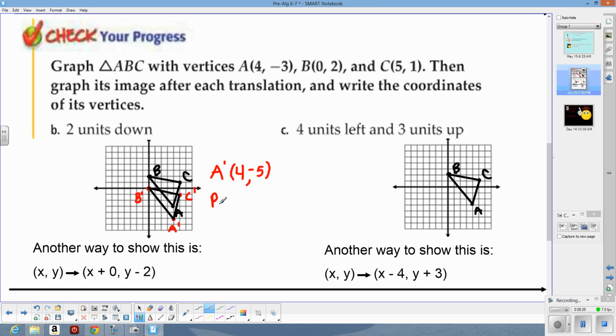B prime, the x value is still going to be 0, but we're going to move it down 2 units. So it's going to be at 0, 0. And then C prime, it's still going to be a 5 because we didn't move it right or left, but now it was at 1 and we moved it down 2, so C prime is now at 5, -1.